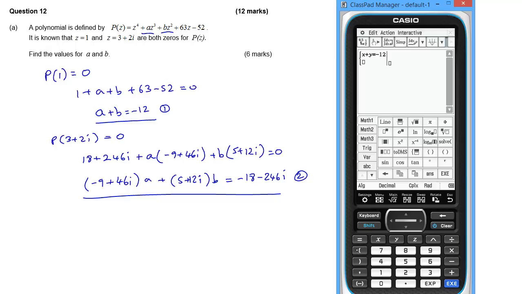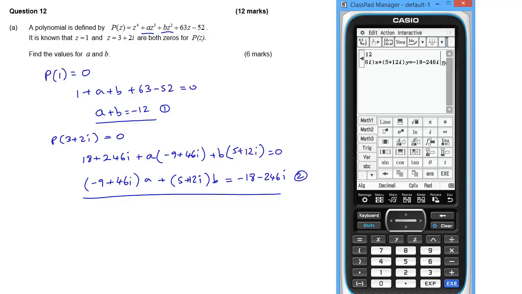And then I'm going to put in negative 9 add 46i x's, and 5 add 12i times y is equal to negative 18 take away 246i.